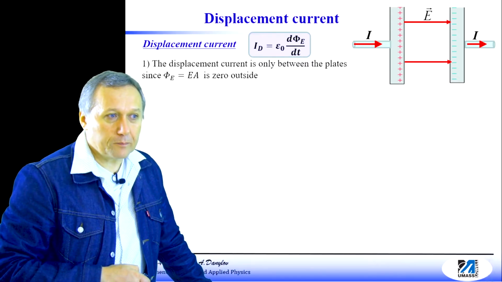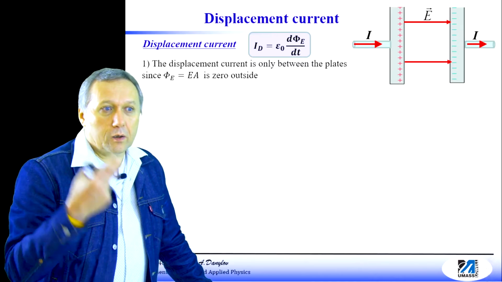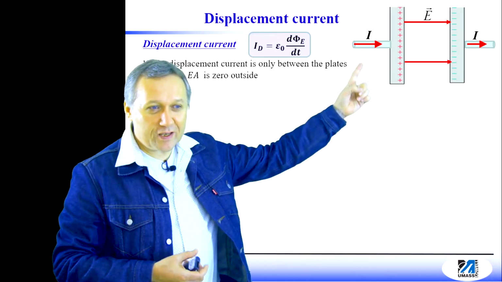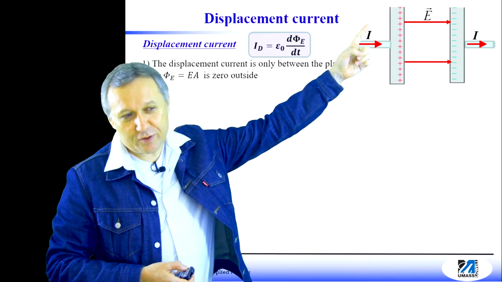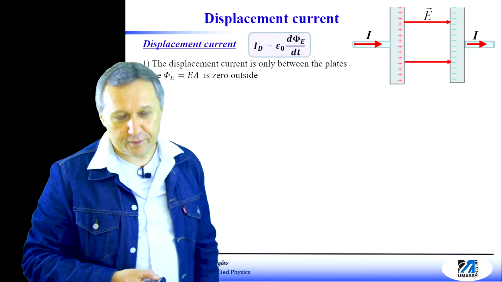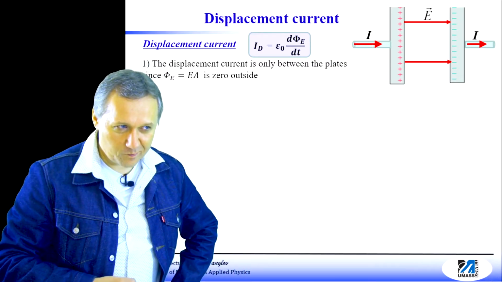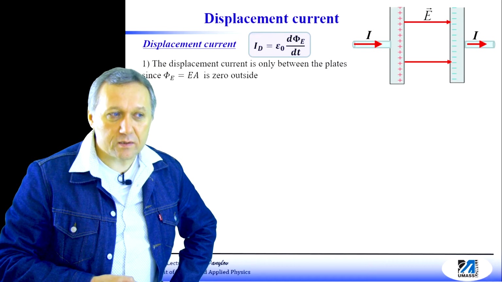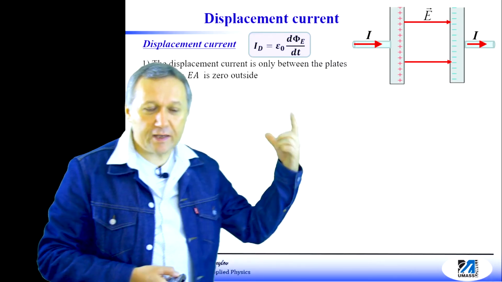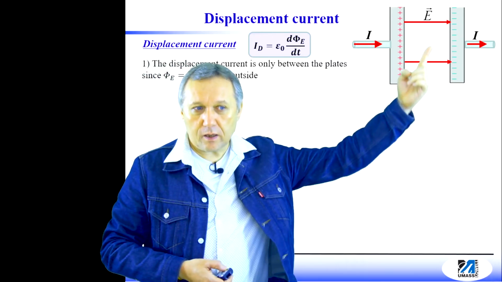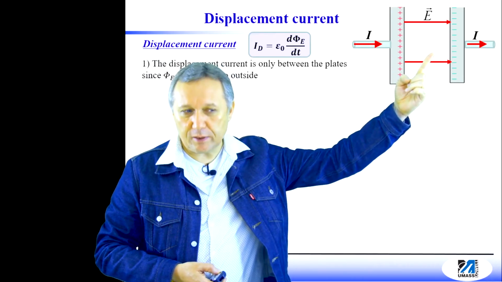First of all, what can you say about the displacement current, for example, outside of that capacitor? Of course, it's 0, because the electric field is not 0 only between the plates of the capacitor.